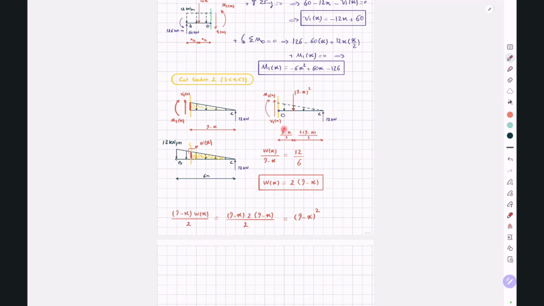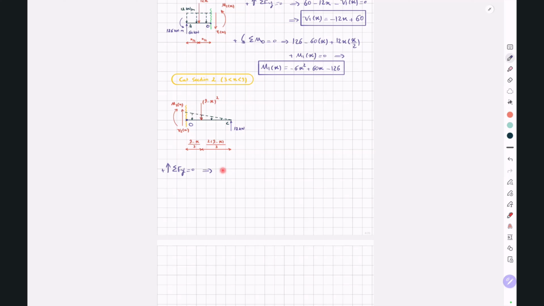Now, for this free body diagram, if we write sigma Fy equal to 0 in this direction, we have V2x minus 9 minus x to the power of 2 plus 12 is equal to 0. So V2x will be equal to 9 minus x to the power of 2 minus 12, or x to the power of 2 minus 18x plus 69.